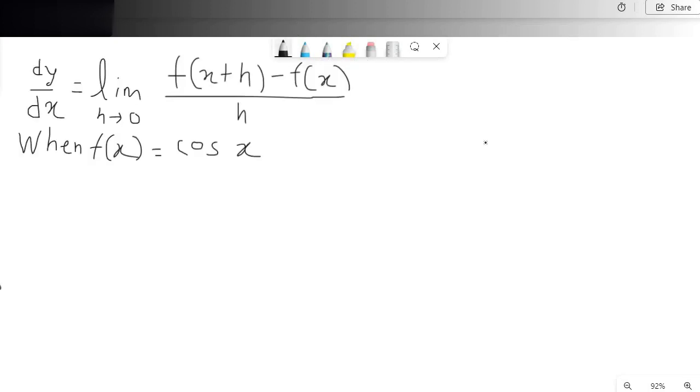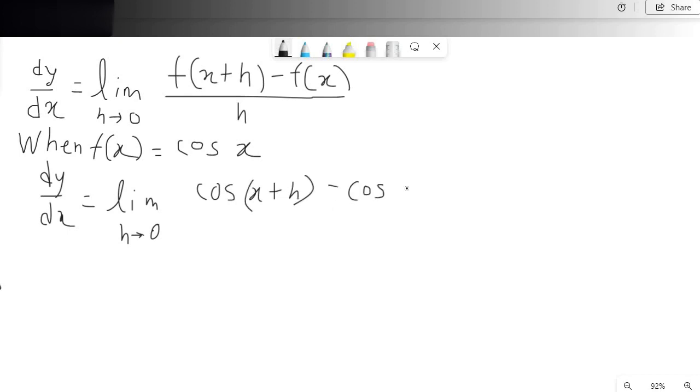Using the same fundamental formula for differentiation from first principles, when f(x) equals cos x, then dy/dx will be equal to the limit as h tends to 0 of cos(x + h) subtracted with cos x, whole divided by h.